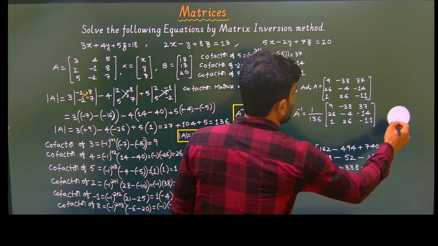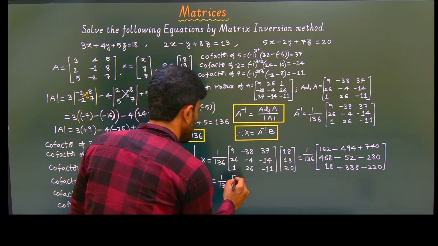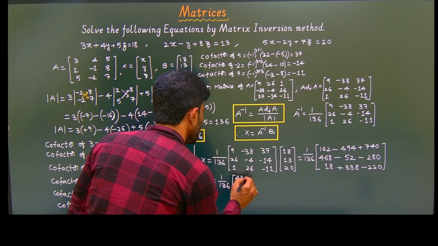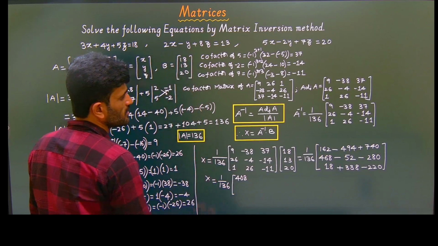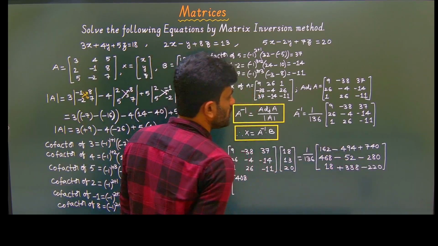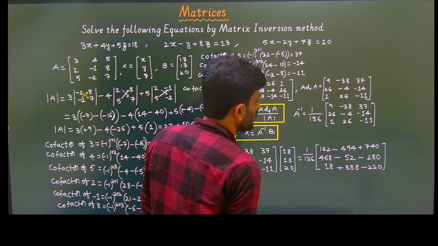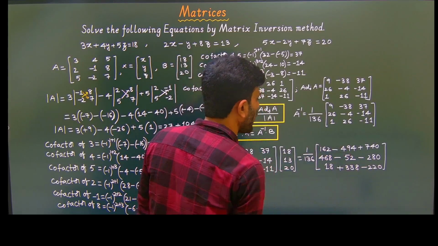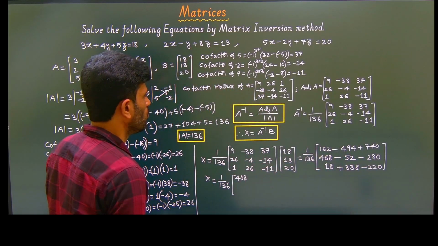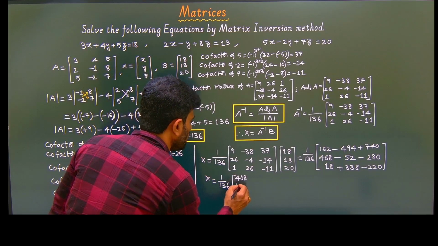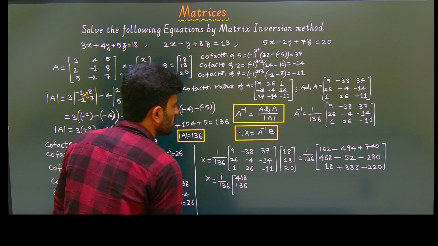So we get the first element as 408. Now similarly the second one: 468 minus 52 minus 280. 52 plus 280 is 332. 468 minus 332 is 136. The second element is going to be 136.